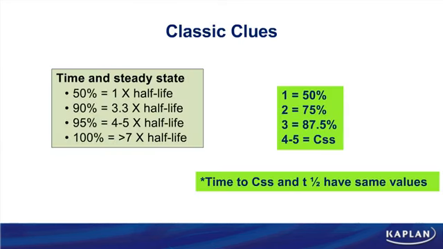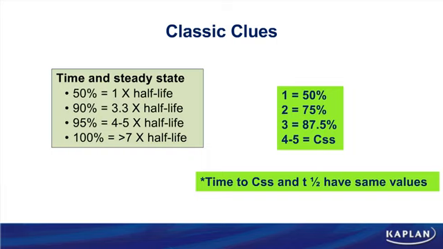In your margin is a note about time to steady state. But I'm going to discuss this a little bit differently from what that note actually shows you. The most important part of that note, by the way, is the time that it takes to reach clinical steady state. Clinical steady state, in fact, is reached in 4 to 5 half-lives. And clinical steady state is different from what we call mathematical steady state.